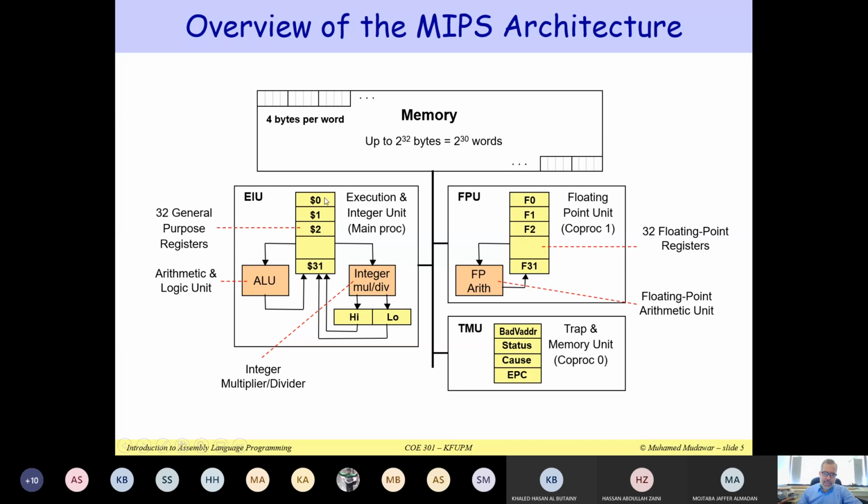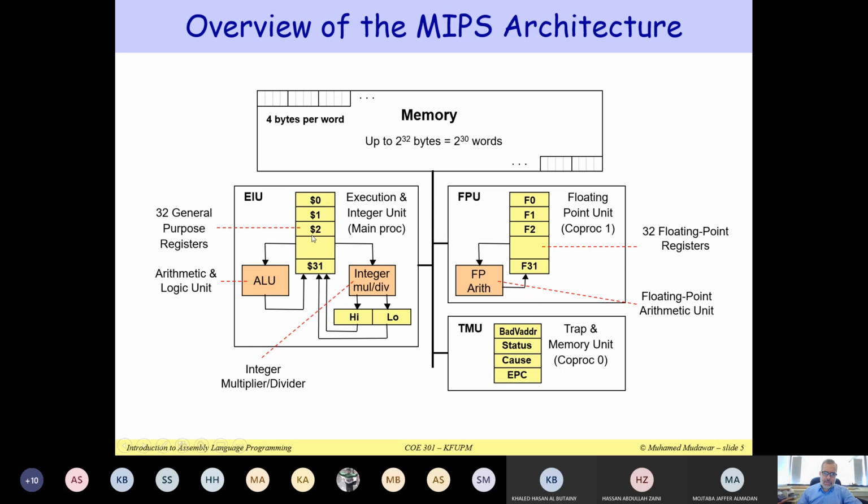Now, register 0 is a special register which is hardwired to 0. I'll talk about it later and see the importance of having a register which is always 0. But the other registers from register 1 to register 31 can be modified. You can read them, you can write them, you can use them in programming.